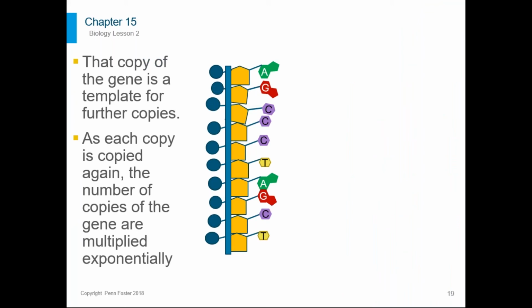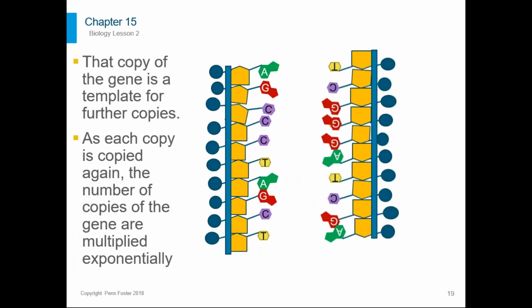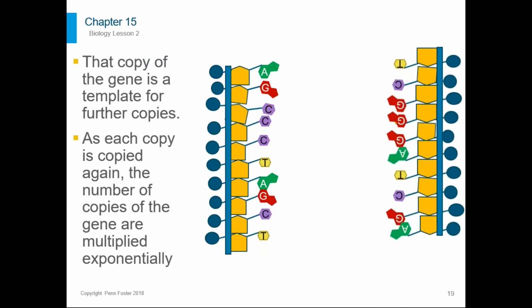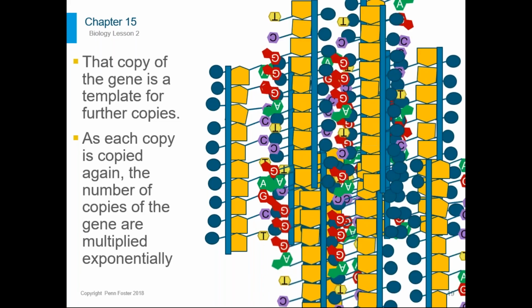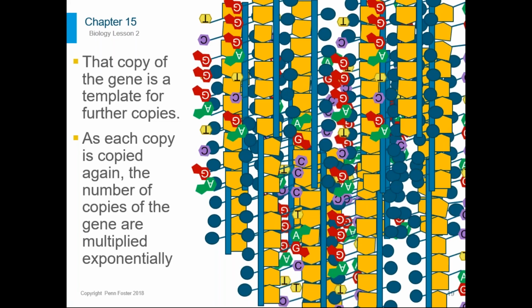Because of the base pairing rules, you've got this one side of the template, and you can make more DNA that comes in on the other side. Now both of those can be used as copies to make more DNA, and more DNA. And it just grows exponentially. Each set doubles every time, and then you quickly get to billions of chunks of DNA.